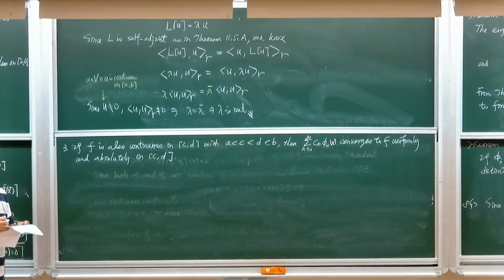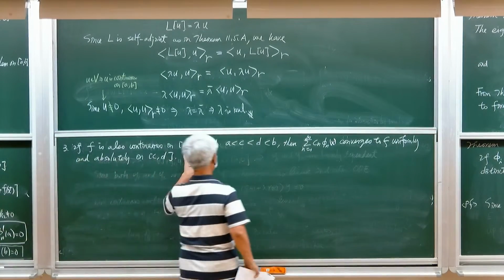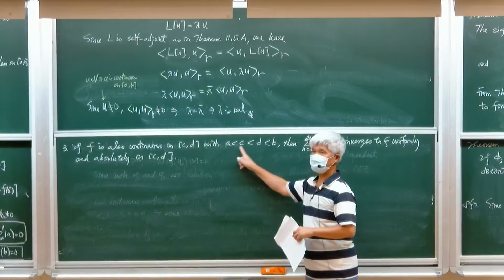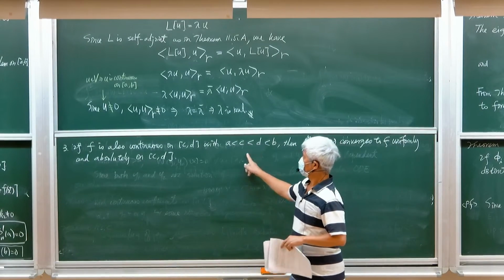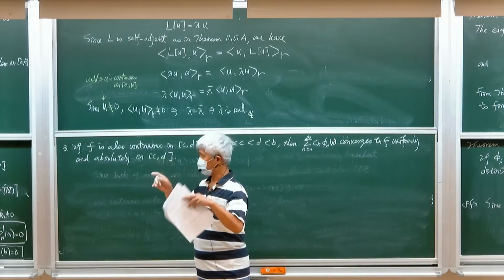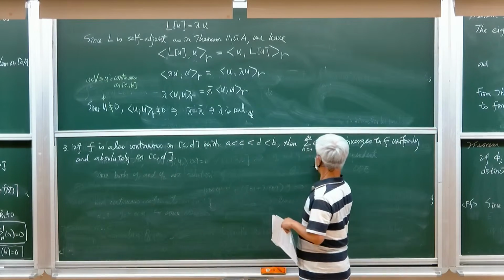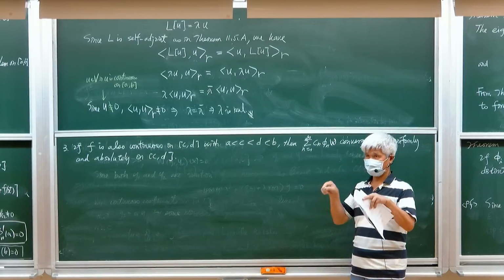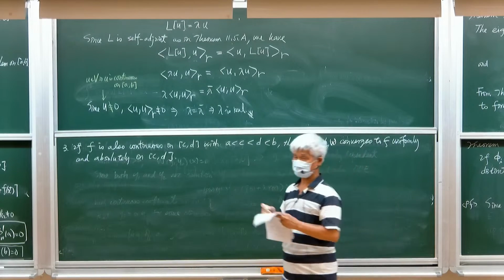For any finite closed interval within the open interval from a to b, when f is continuous in that interval, the series will converge to f uniformly and absolutely.